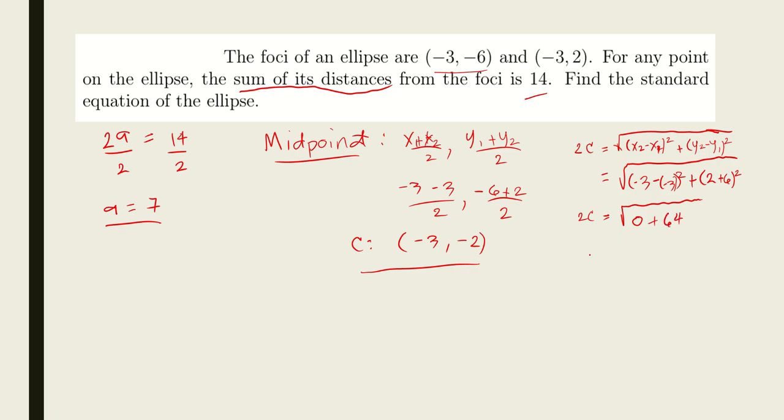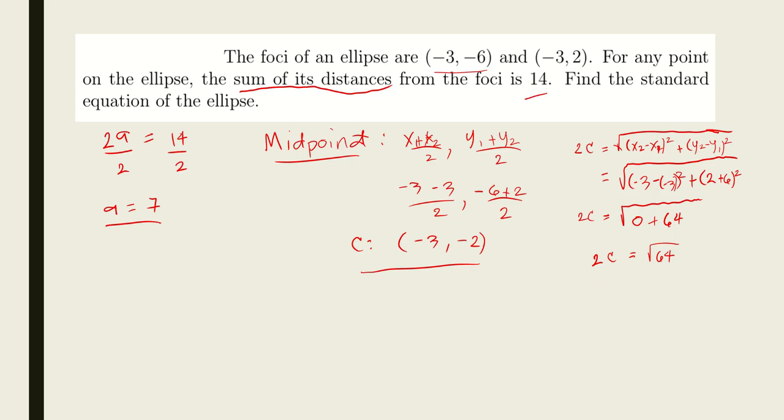0 plus 64 is very obvious, therefore 2c is equal to the square root of 64. And then after that, we need to do the solving of the c. Do you think it is solvable? It is solvable in that case?